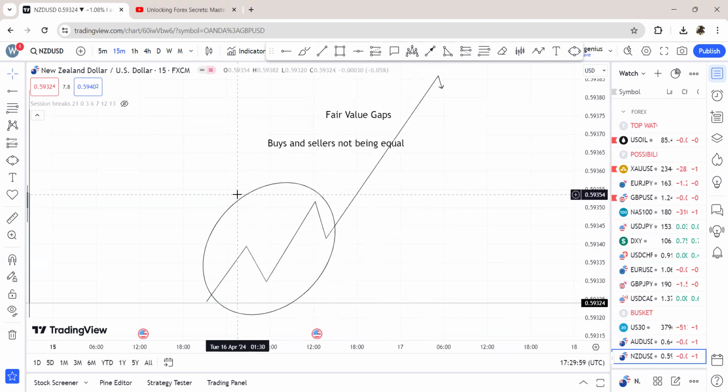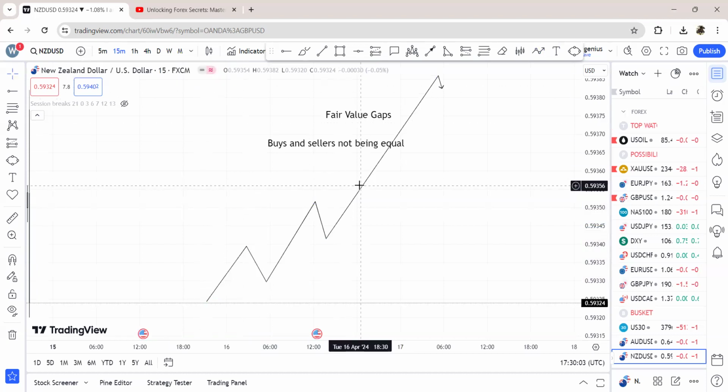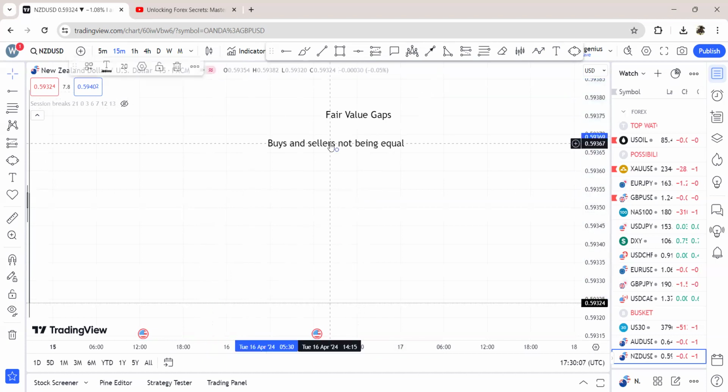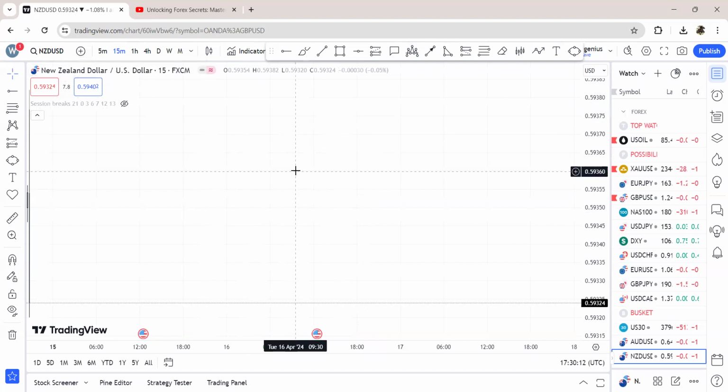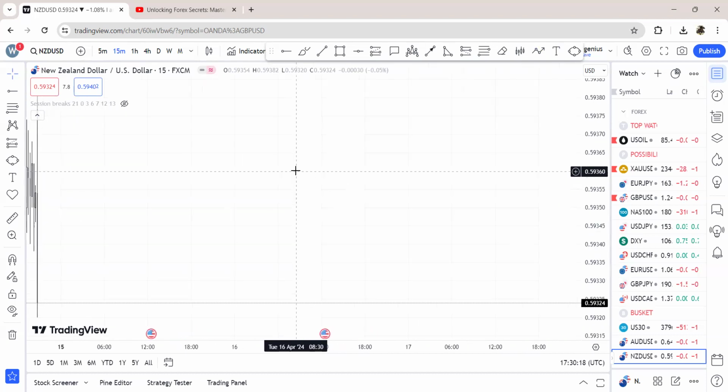So now let me just show you what the fair value gap is, so that as we are talking about it, you can have a mental picture in mind. So essentially, a fair value gap deals with two candles.